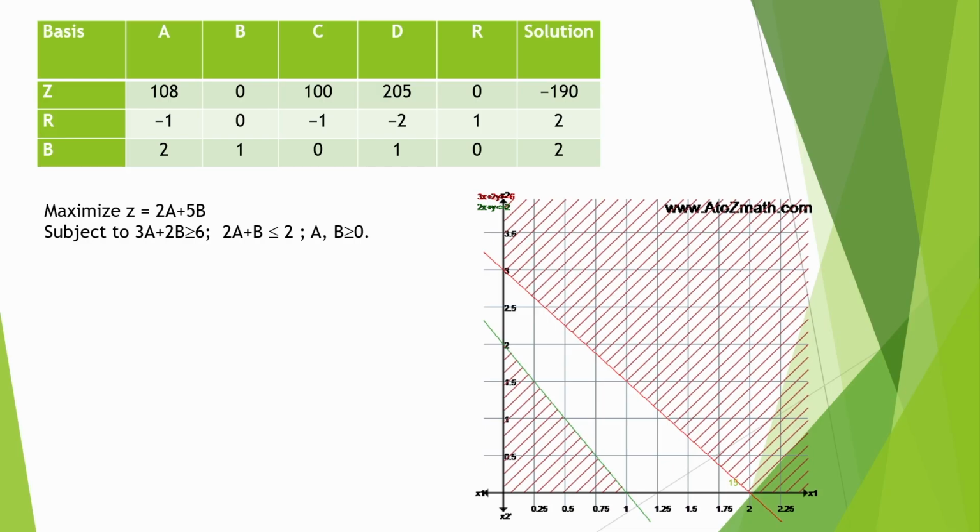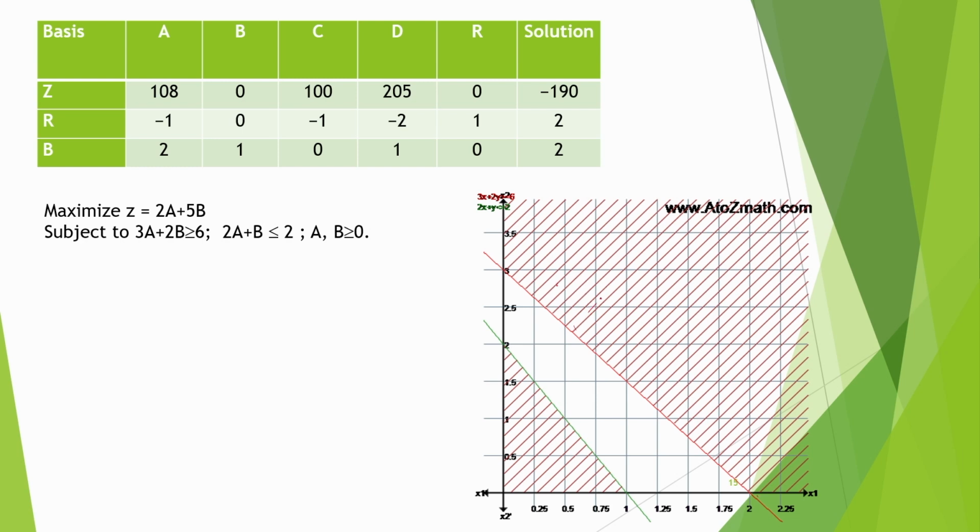Let us see graphically why it is becoming infeasible. We maximize Z is equal to 2a plus 5b subject to 3a plus 2b greater than 6, 2a plus b greater than 2, a, b greater than 0. If you plot the constraint, this is 3a plus 2b is equal to 6, so a is equal to 2. This is that one line.